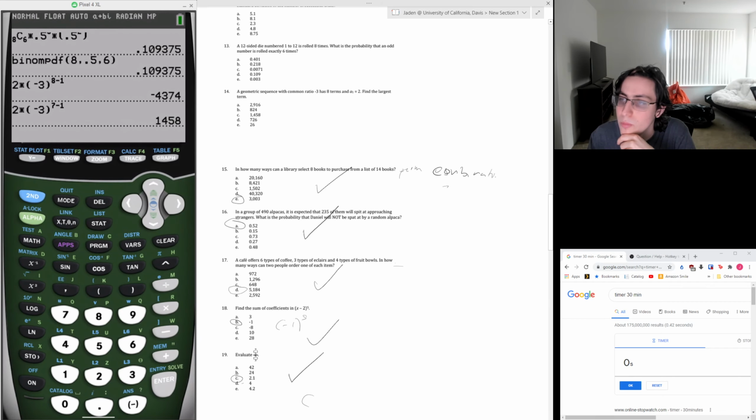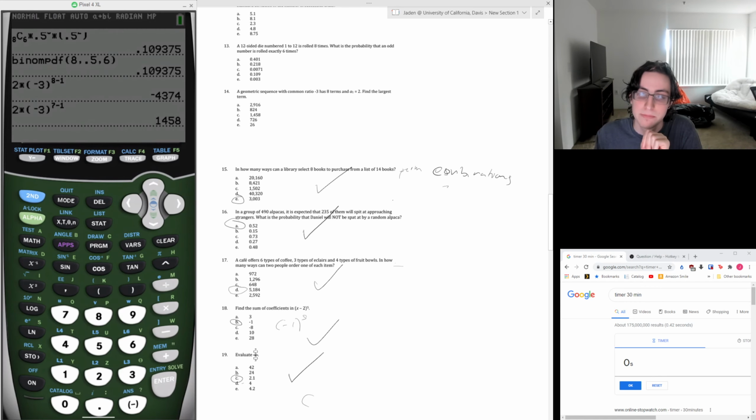Combinations. So for a permutation, you want to use nPr, where order matters. That would be something where the specific order of something matters. Combinations is where order doesn't matter.